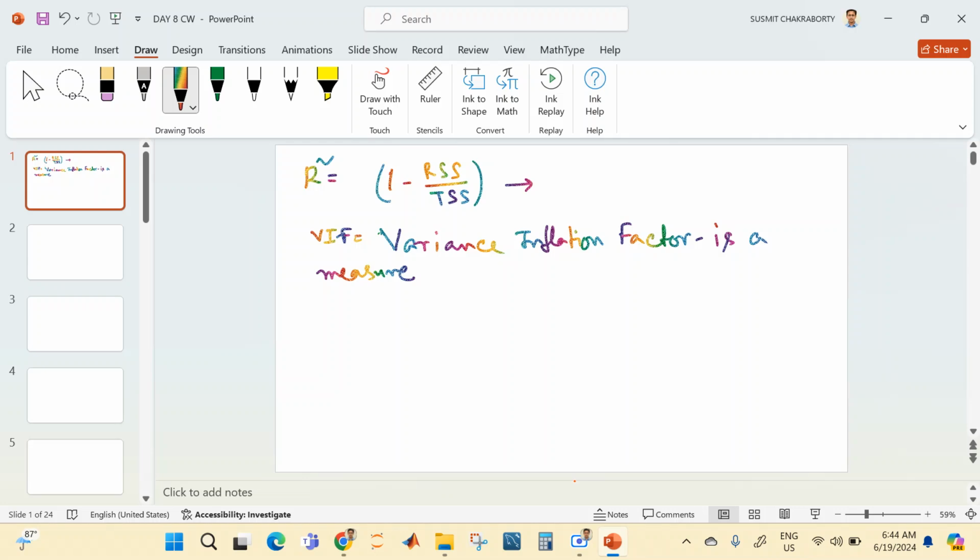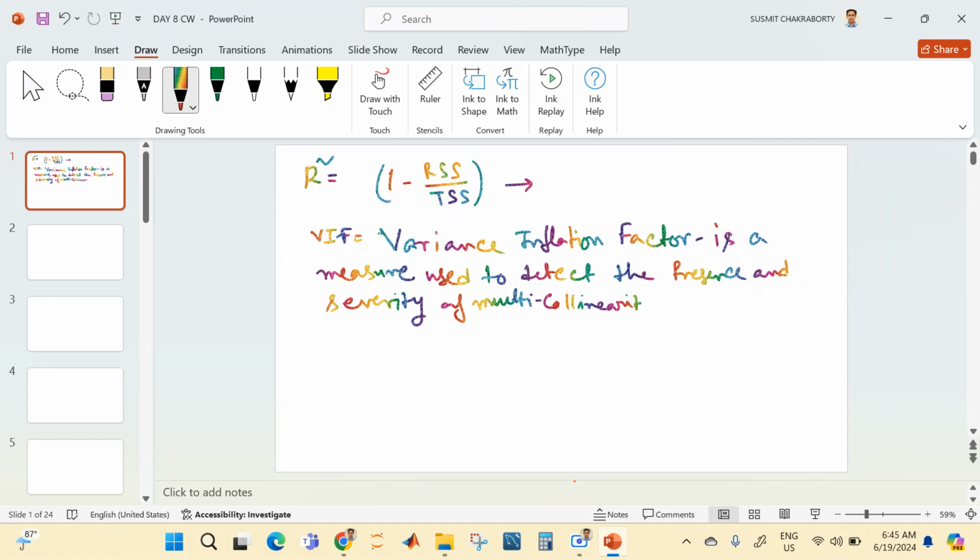VIF is a measure used to detect the presence and severity of multicollinearity in regression analysis.